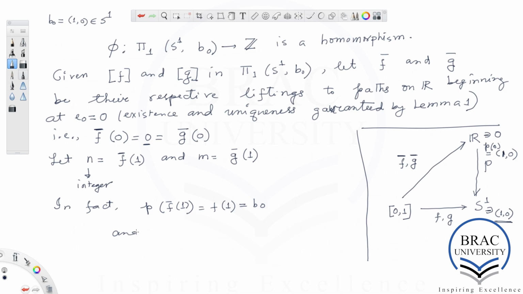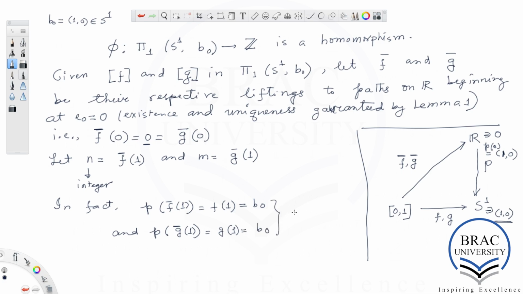The same is true for P of G bar of 1, which is G of 1. G is also a loop based at (1, 0) in S1.